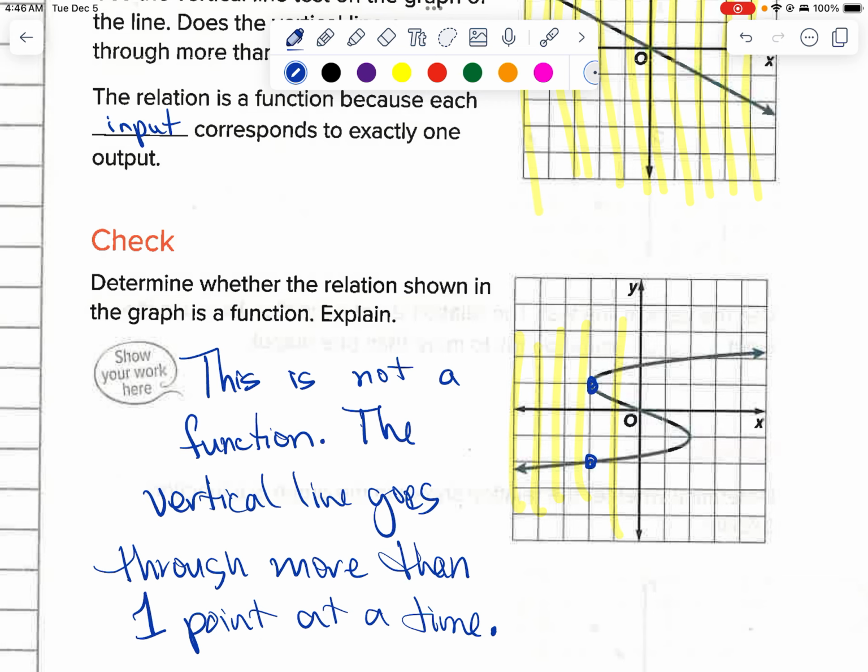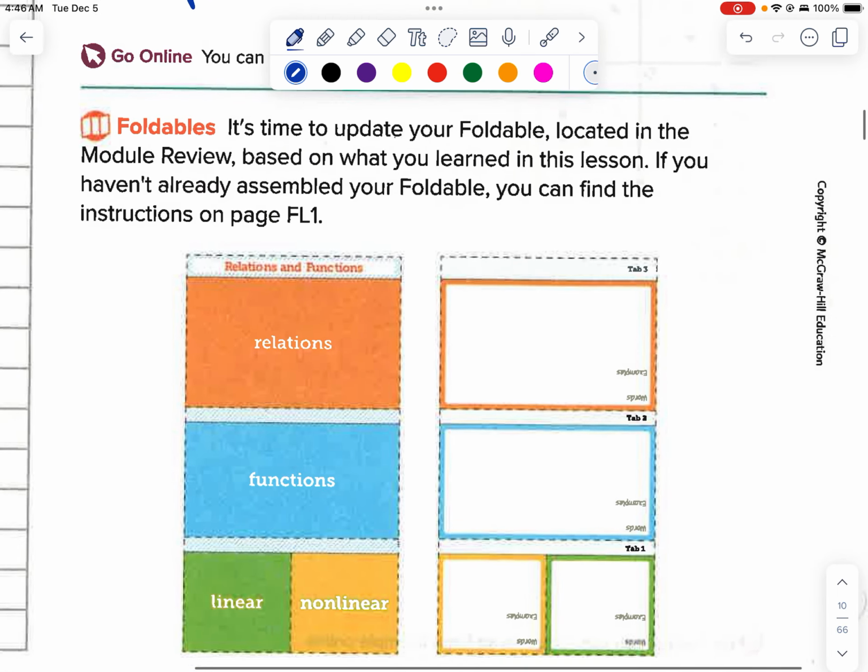Here, here, or here, here, and here. Okay? Awesome.